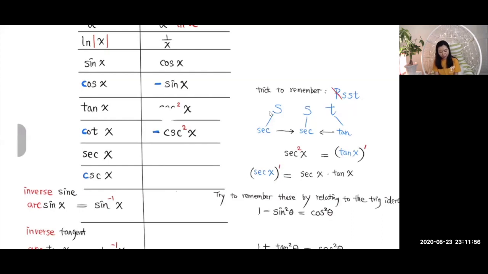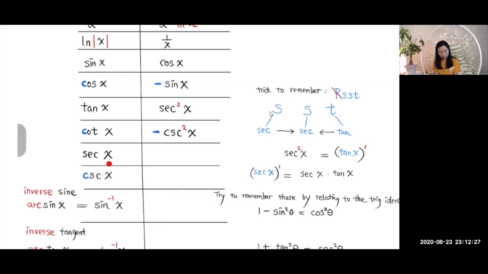So we replace secant x here by cosecant x, and you see a square, but there's a minus sign in front. Every time it's cosine, cotangent, there will be a minus sign in front of the answer. So the duality for cotangent x is negative cosecant squared of x.